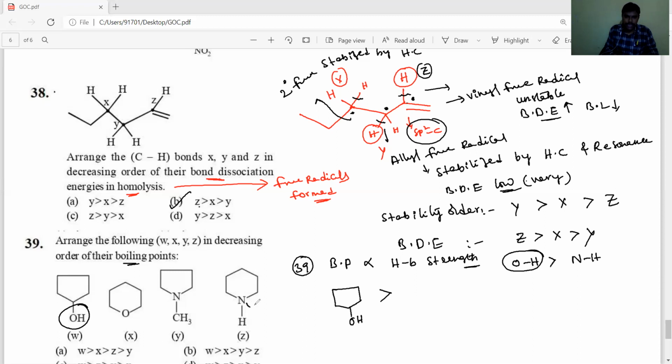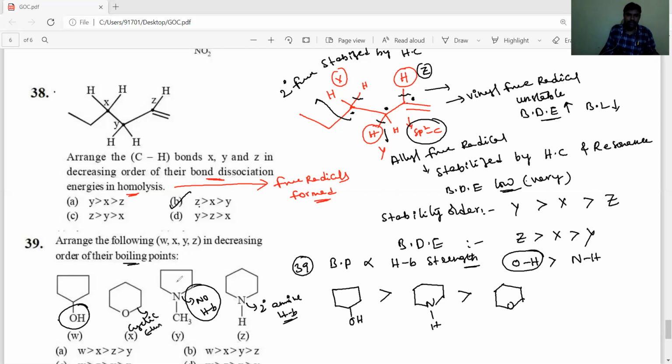Then this is a secondary amine, and it can form hydrogen bonds. Secondary and primary can form; tertiary, no hydrogen bond. That's why this compound has more. Next, ethers. This is a cyclic ether.